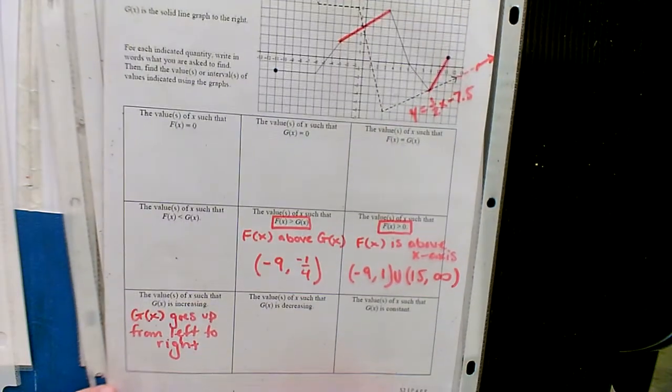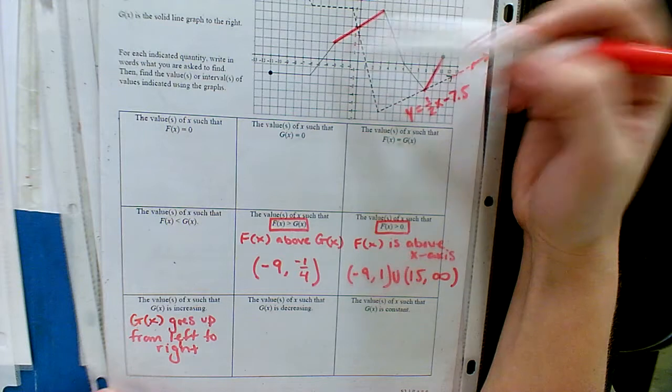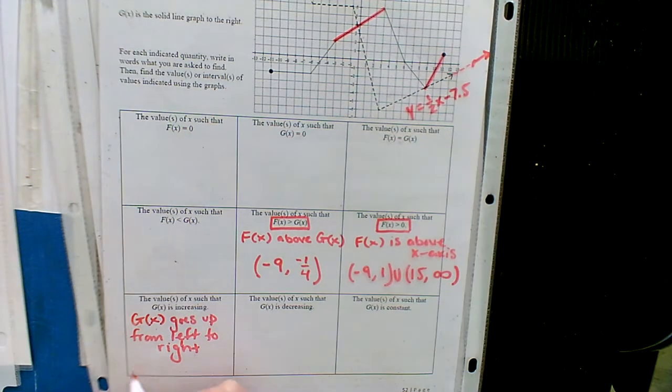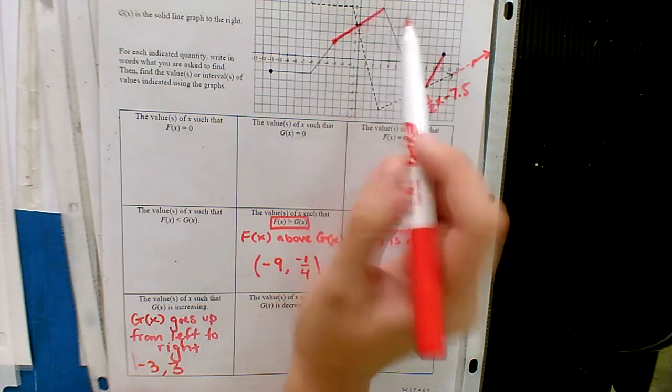Okay. So we have 2 intervals to identify. Looks like the first one goes from -3 to +3. We have to ask ourselves, bracket or parentheses? Are you increasing at -3?